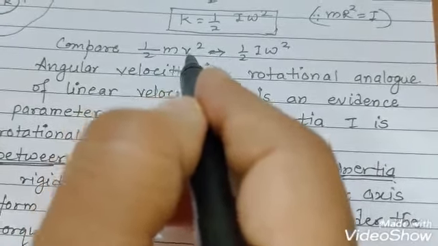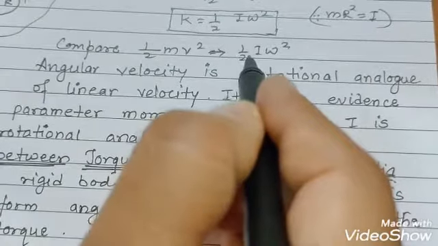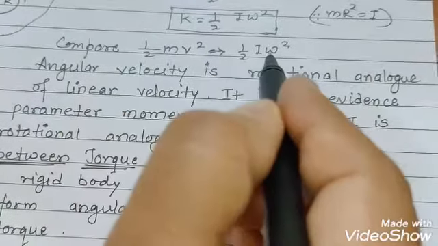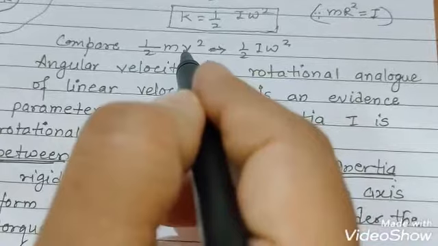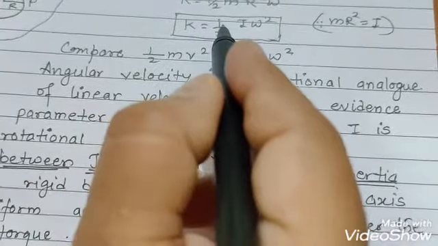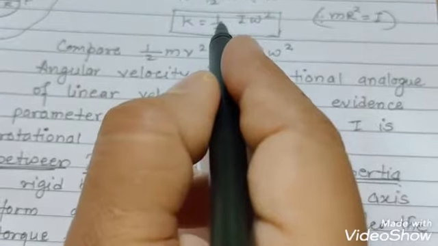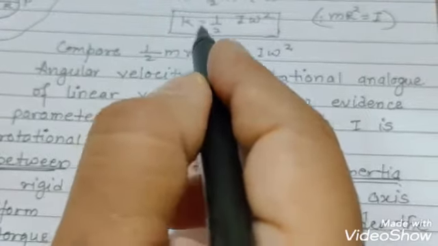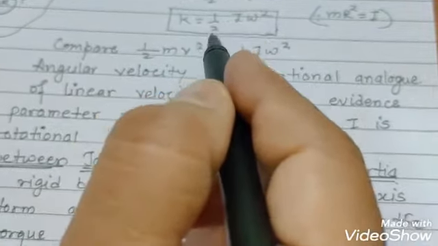Okay, so moment of inertia is the rotational analog of mass, and angular velocity is the rotational analog of linear velocity. And this will be the formula for the kinetic energy of a rotational body, that is k equal to half I omega square.